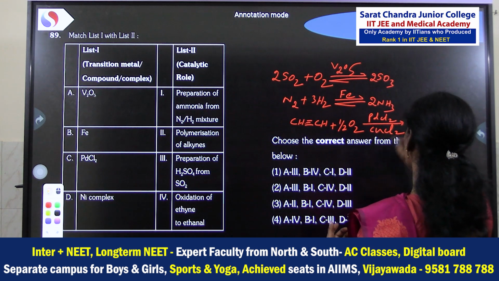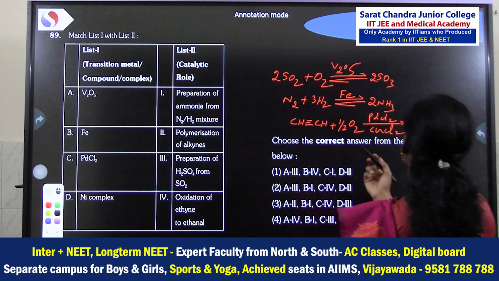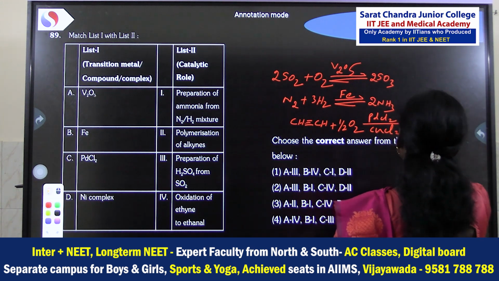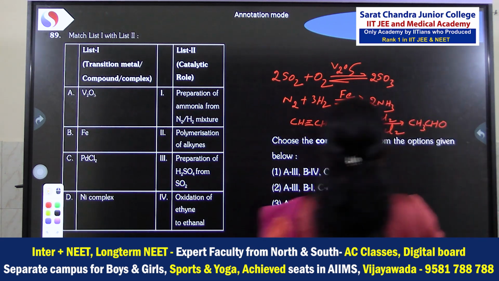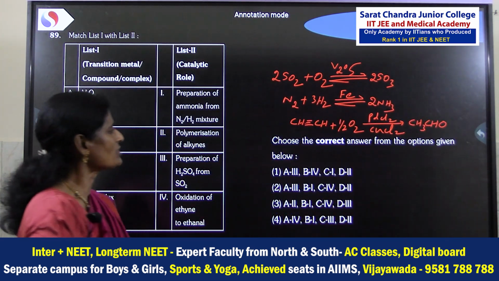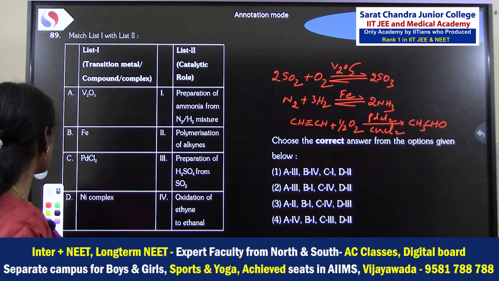This ethyne is oxidized to ethanal, CH3CHO, acetaldehyde. So ethyne is oxidized to ethanal. That is known as the Wacker process.